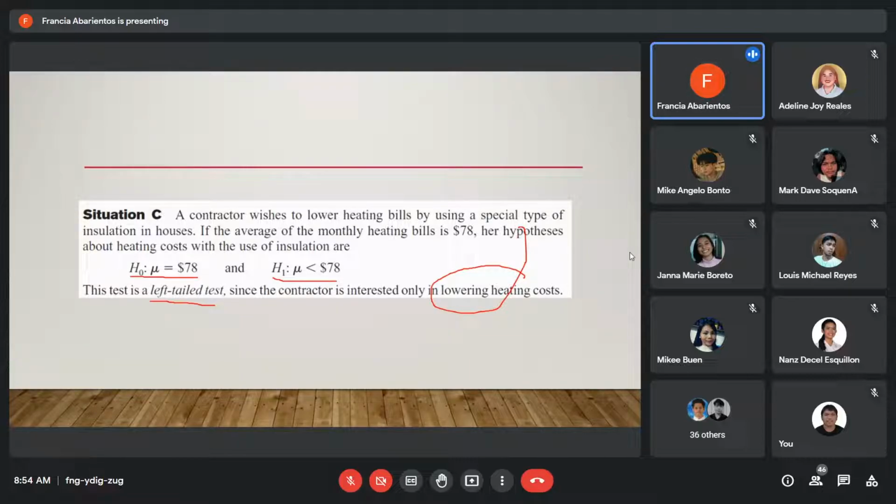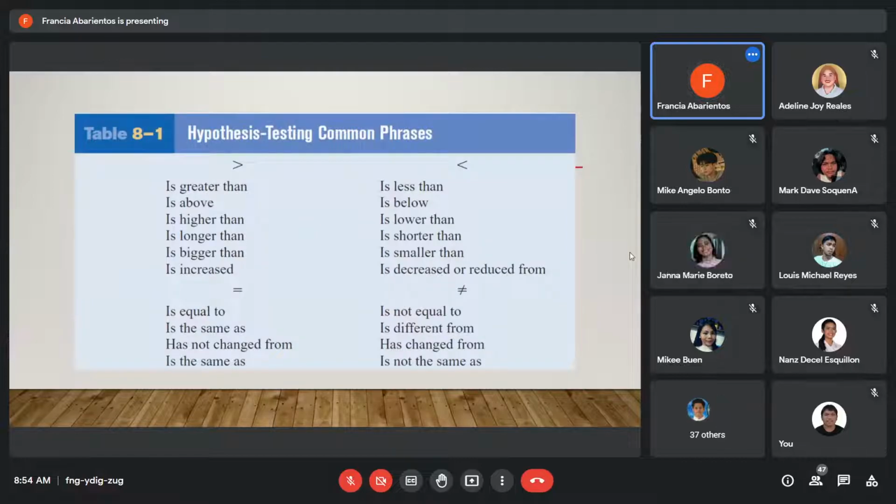So, for further help to everyone, these are the different phrases that are usually used in analyzing or stating your alternative hypothesis in a given situation. If the problem involves greater than, above, higher than, longer than, bigger than, or increased, this will fall under greater than.